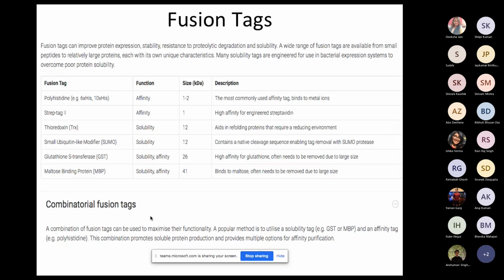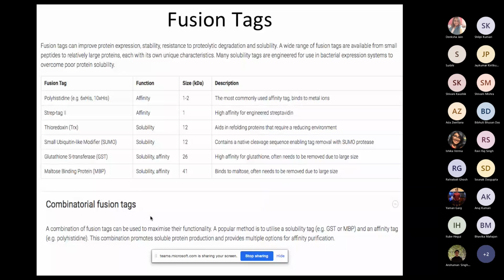Maybe, let's say, you want to express your protein only in the nucleus, and you want to introduce a nuclear localization signal. It means you want to look for a domain which provides the ability for a protein to go to the nucleus.